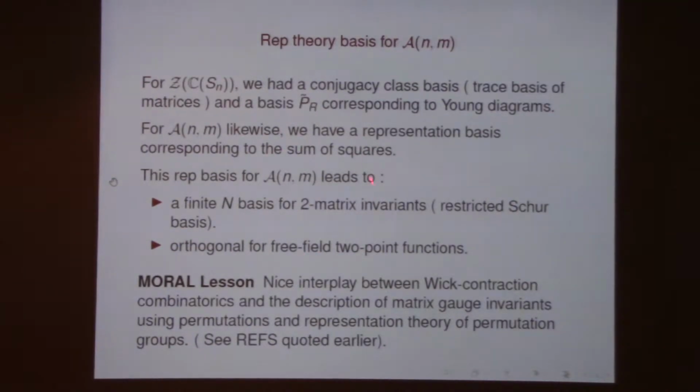So the moral lesson here is that these algebras are good for counting, but they're also good for free field correlators, and there's a nice interplay between Wick contraction combinatorics and this description of gauge invariance using permutation algebras. If you want to see the details, you can look at the reference I mentioned earlier.